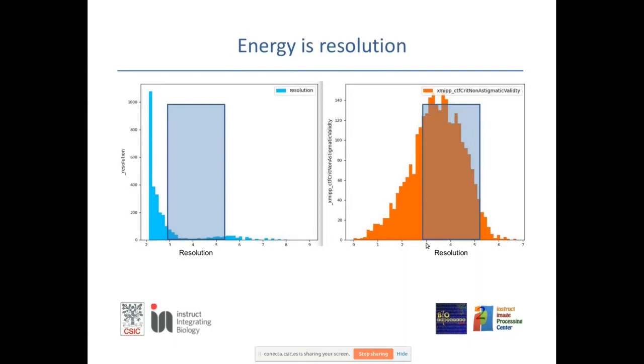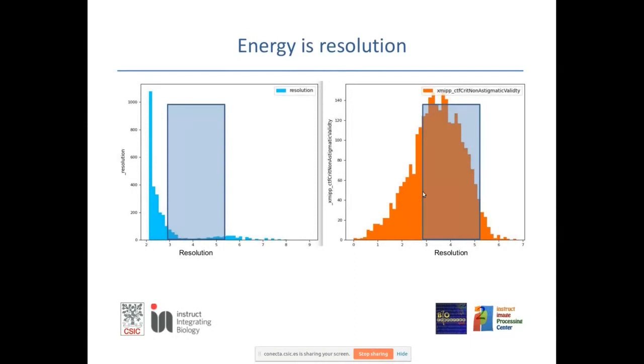And you see that for most of these micrographs in this data set, this assumption completely breaks between 3 and 5 angstroms. So there are only, let's say, 1/3 of the micrographs that do not violate this assumption.